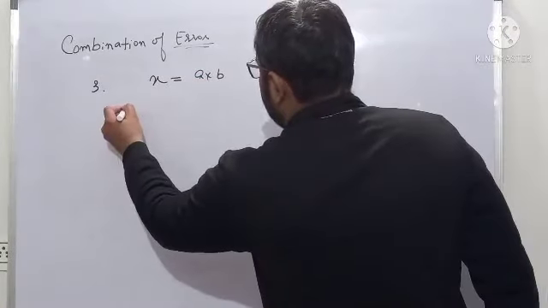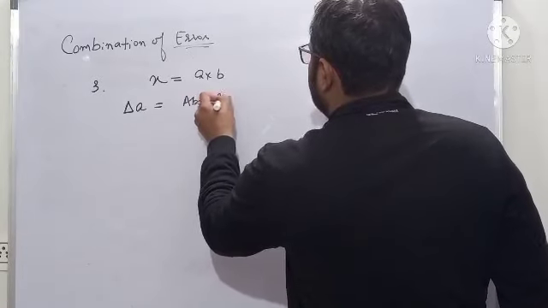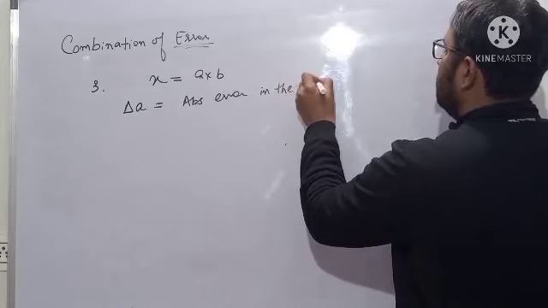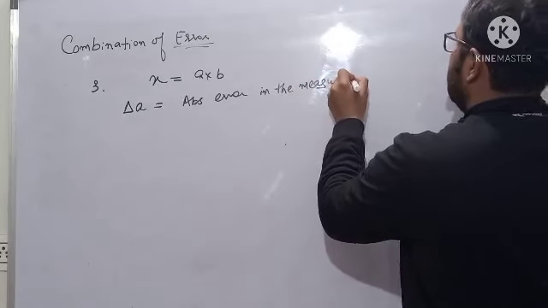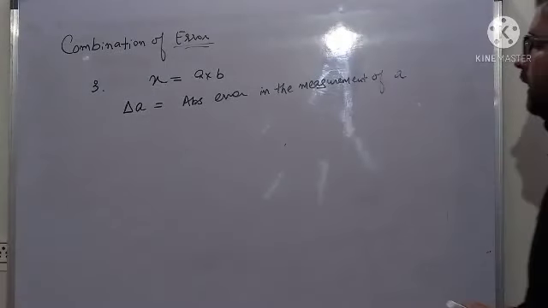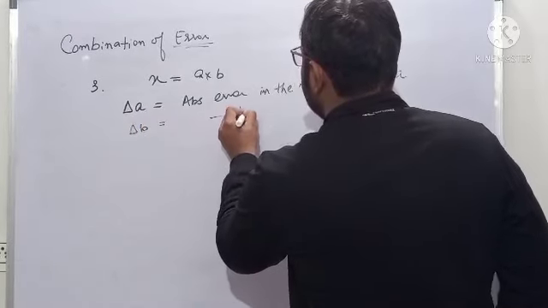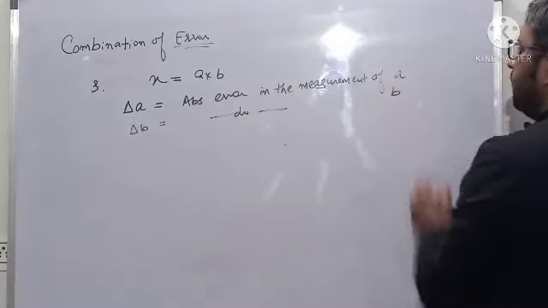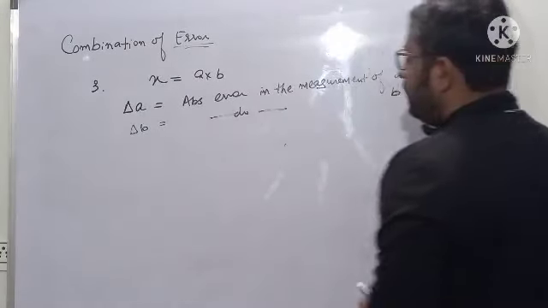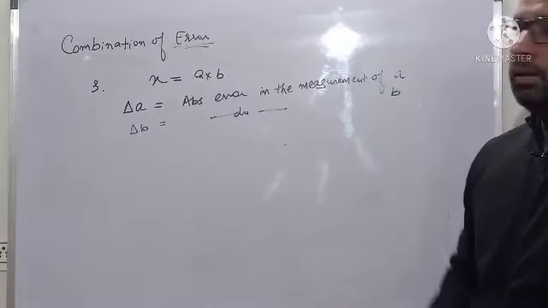Let us assume delta A be the absolute error in the measurement of A, and delta B be the absolute error in the measurement of physical quantity B. Now, what would be the maximum fractional error in X?